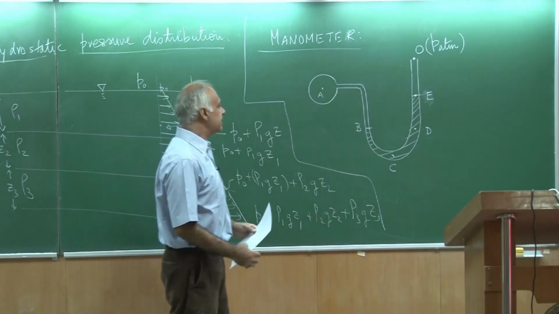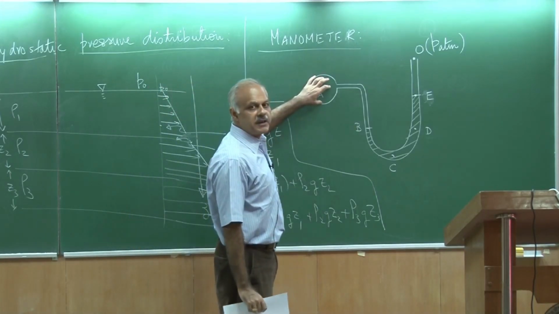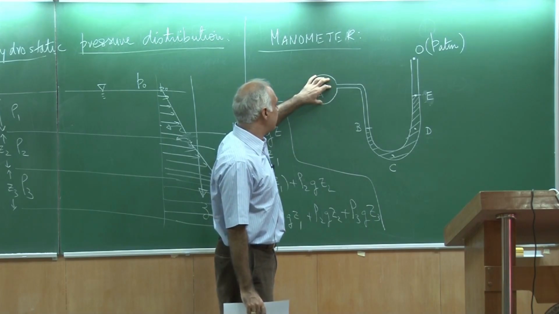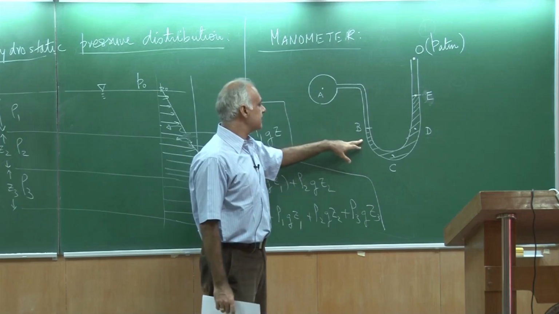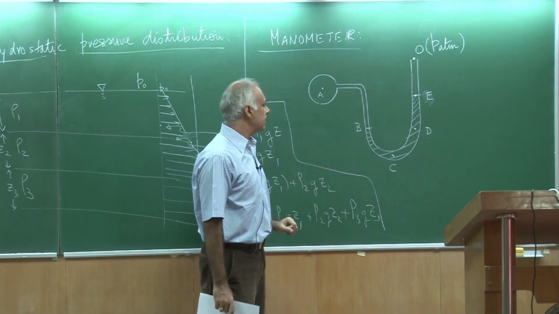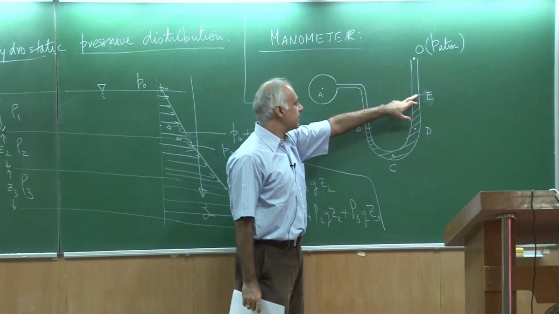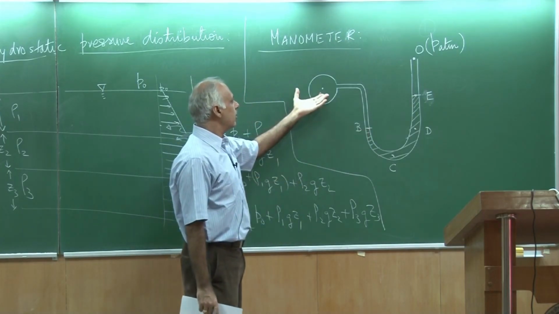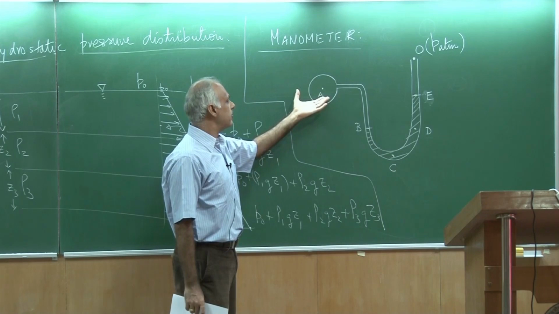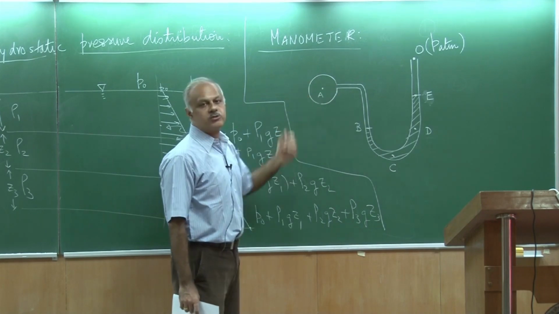So, the setup is that there is a certain pressure inside this bulb, and that causes this fluid to take this kind of a position where this column E is at a higher level than B, and we are interested in finding out what is the relationship of pressure at A related to the atmospheric pressure.